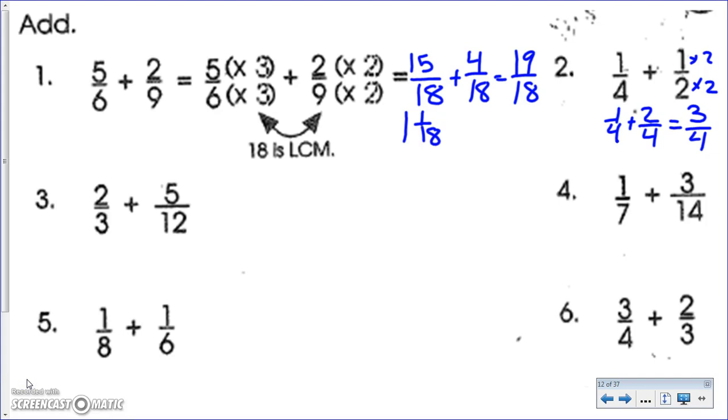For 3, we have 2/3 and 5/12, and 12 is our least common multiple for 3 and 12. So all we have to do is take the 2/3 and multiply the top and the bottom by 4 to get up to 12ths. Then we get 8/12 plus 5/12 equals 13/12, which simplifies to 1 and 1/12.